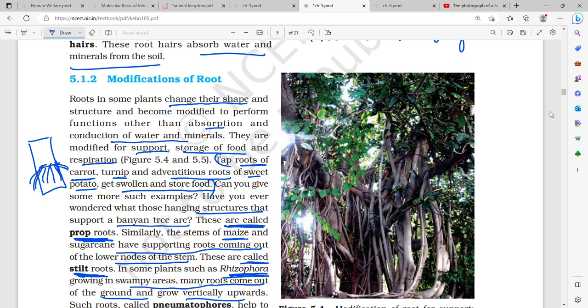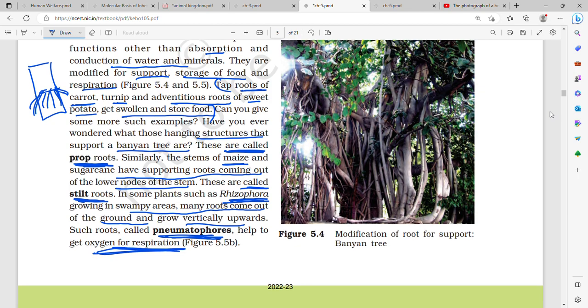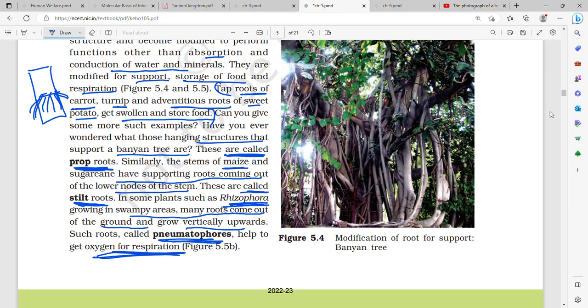Rhizophora is a plant which grows in swampy areas. Many roots come out of the ground and grow vertically upwards, and such roots are called pneumatophores, and they help in respiration, that is, they help to get oxygen for respiration. In swampy areas, the soil is clayey and thick, and there is not much oxygen or gases left.